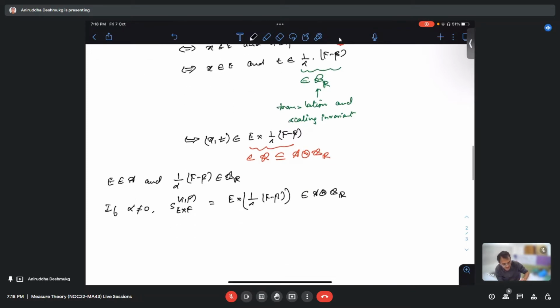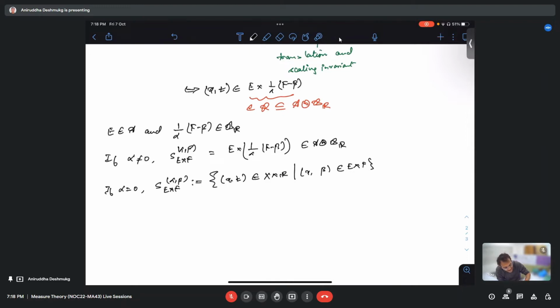But what happens if alpha equals 0? That is a condition we need to check separately, right? If alpha is equal to 0, then S of E cross F, alpha, beta, by definition, looks at all those x comma t in X cross R such that x comma alpha t plus beta, but now alpha is 0, so it is x comma beta, is inside E cross F. Can you tell me what the possibilities of this set are?